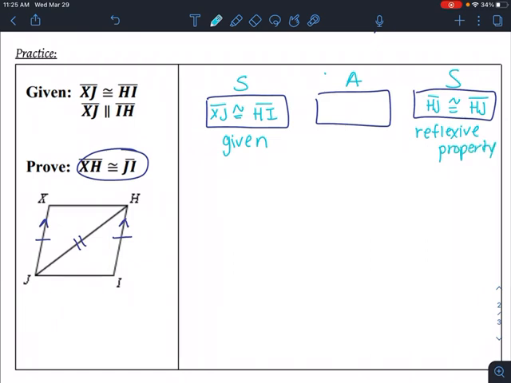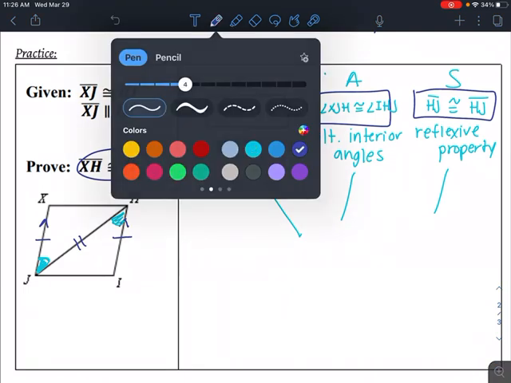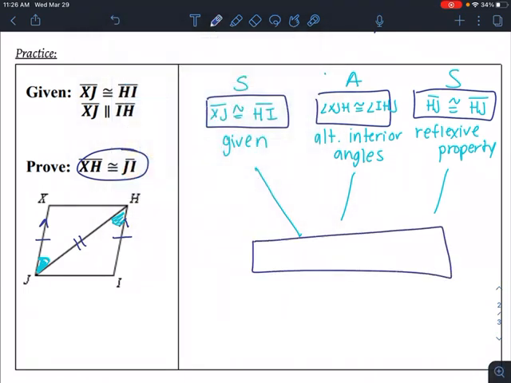For our angle, we want side angle side, so our angle would be this angle right here. We know this to be true because those lines are parallel, therefore those angles are alternate interiors. So angle XJH is congruent to angle IHJ, and these are alternate interior angles. By definition, we've now established that these two triangles are congruent.